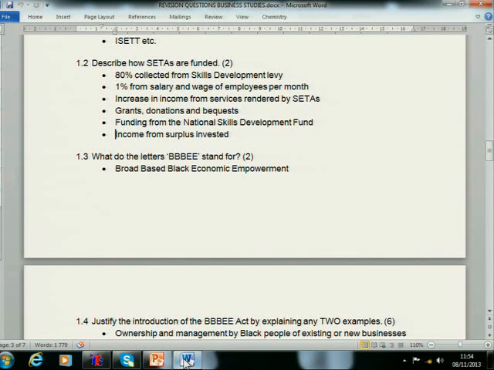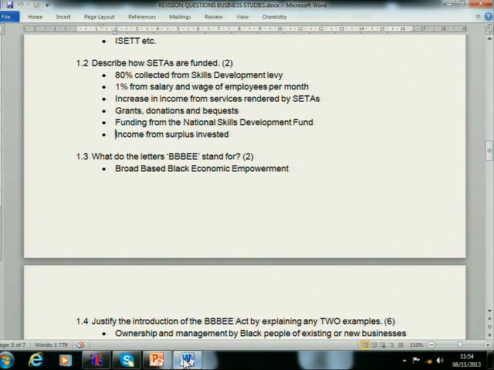Remember when we were talking about 250,000 in a business, and then the 1% would be given towards CETAs, wherein 80% will be for CETAs, and then 20% will be taken aside for national development.